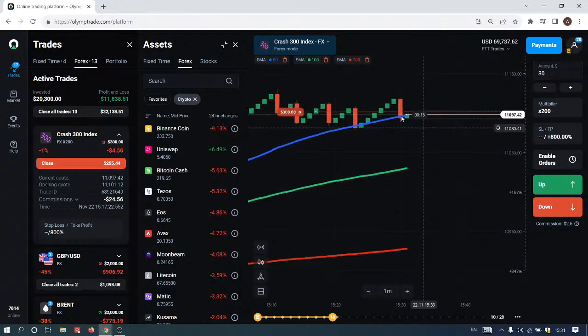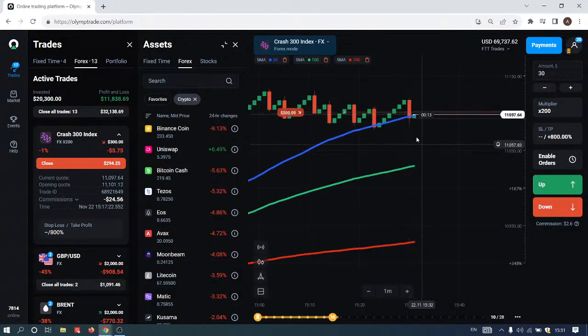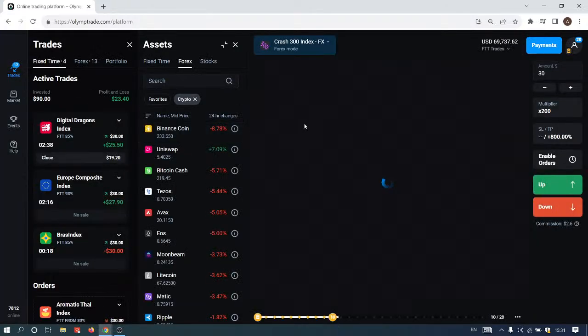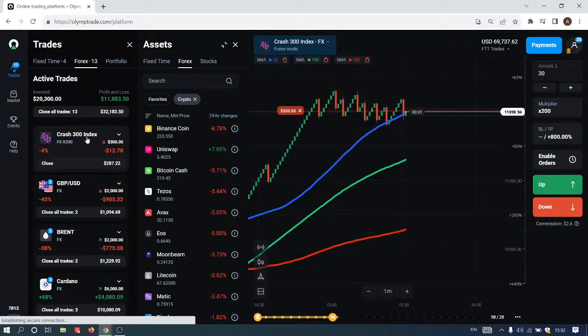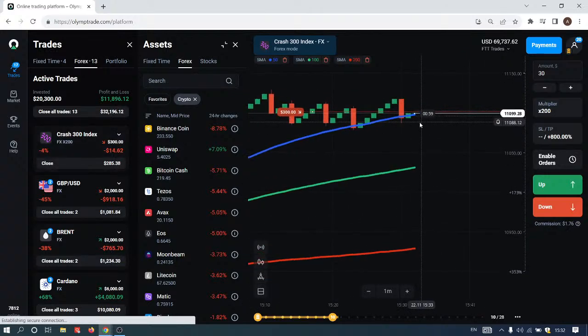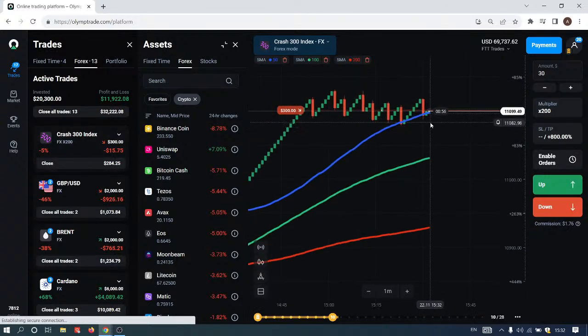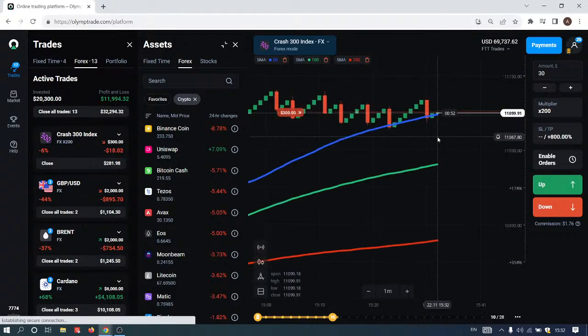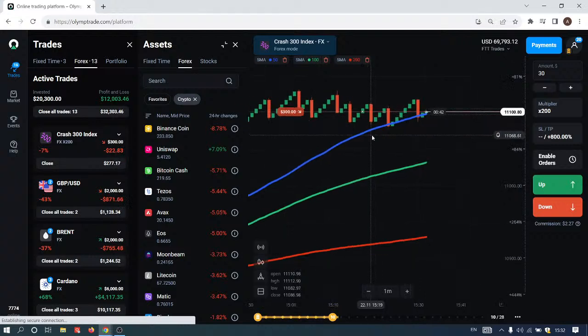So I know some people who trade this asset, and the way they do it, okay, so let me reload the platform again. Basically, they do the opposite. After each new crash, they in fact open up trades, kind of like a counter-crash strategy.